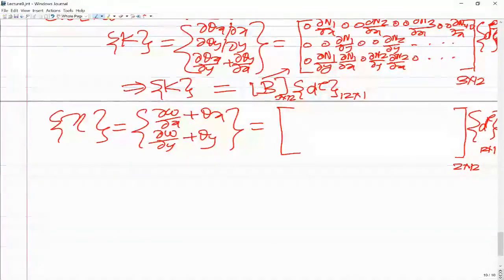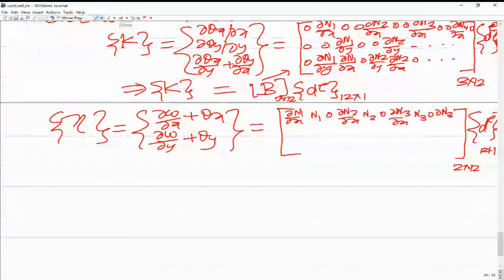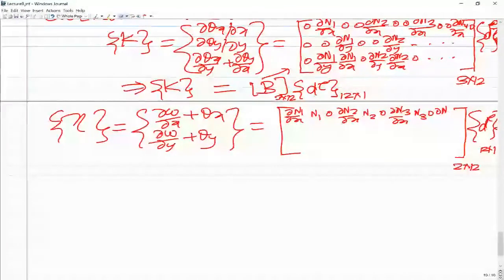And similarly, when you are writing this del W by del x plus theta x, the derivative of W is there, so del N1 by del x, and theta x is there without derivative, so here N1 0, del N2 by del x, N2 0, del N3 by del x, N3 0, del N4 by del x, N4 and 0. Like that, you can write this also.